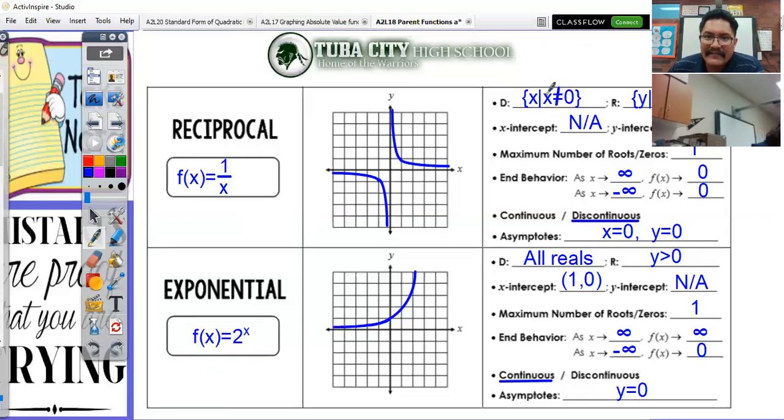So you can have any x as long as x is not 0. That's the way you would read that. Any x such that x is not 0. So you can pretty much pick anything except for 0, and any y for the range as long as y is not 0. So again, pick anything except 0.